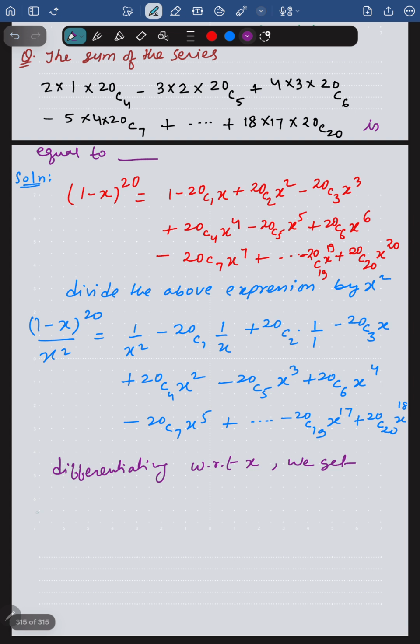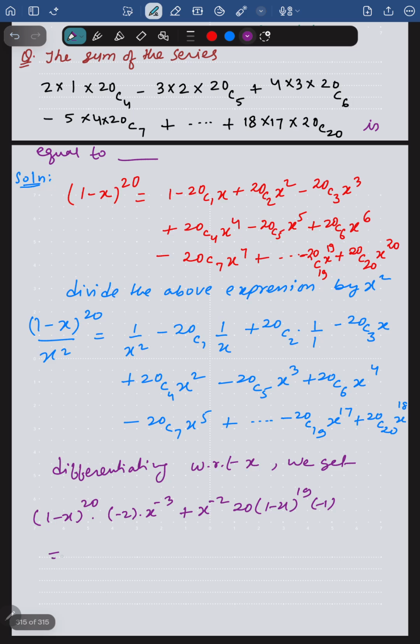On the left side, the differentiation gives 1 minus x power 20 into minus 2 into x power minus 3, plus x power minus 2 into the differentiation of 1 minus x power 20, which is 20 into 1 minus x power 19 into minus 1. This is the complete differentiation.